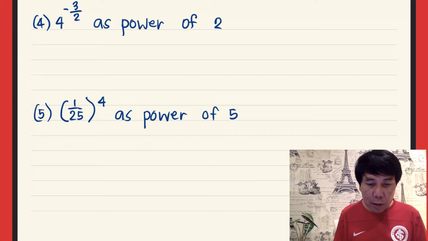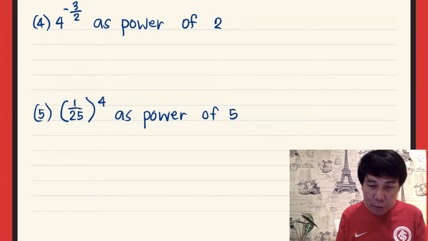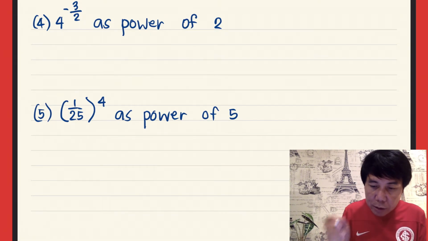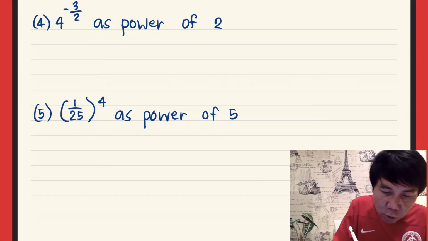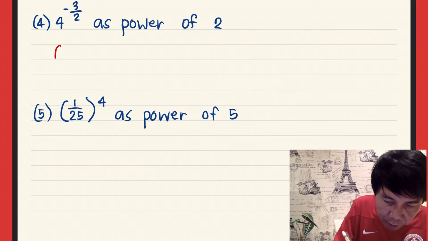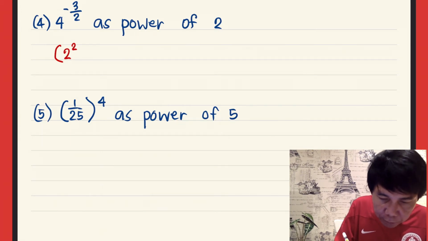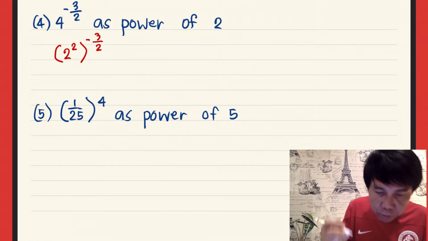Now let's proceed to question number 4. Our question number 4 is 4 raised to the power of negative 3 over 2 as a power of 2. Our target is to make the base 2. So 4 is the same as 2 raised to the power of 2, which is equal to 4, raised to the power of negative 3 over 2.